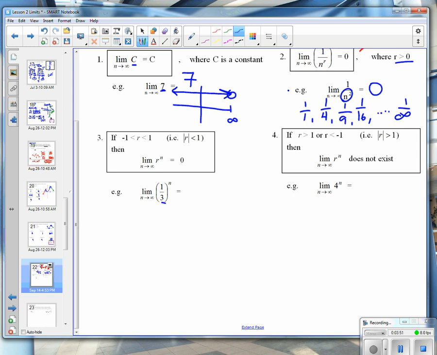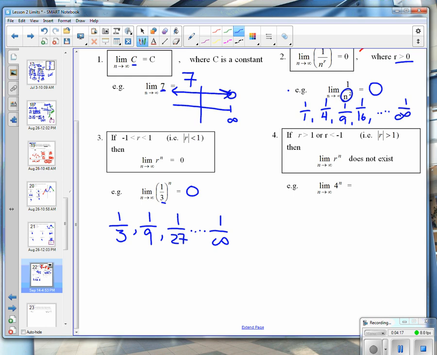So for example, if I've got 1 over 3 to the power of n and n is approaching infinity, that means it's just getting bigger and bigger. So I'll start with 1 over 3 to the power of 1, 1 over 3 to the power of 2, 1 over 3 to the power of 3, and so on. And again, you're going to see that 1 divided by a really, really big number, such as infinity, is just going to give us a 0. Okay, so again, pretty logical.